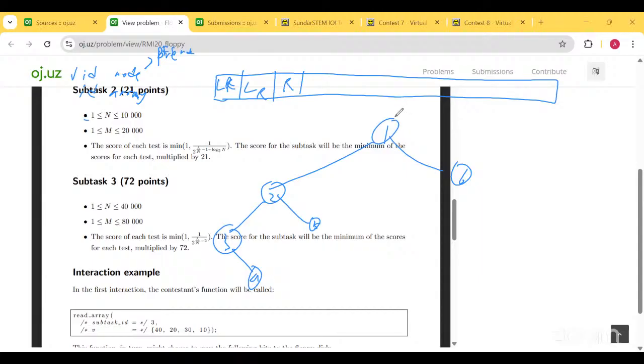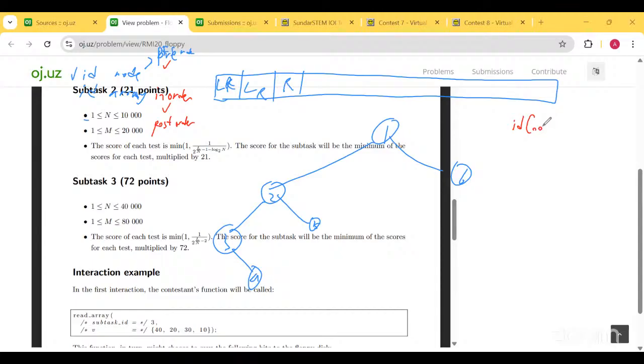Just do DFS, but now it is not pre-order but in-order. Do you know what in-order is? What is the difference between pre-order, in-order, and post-order? Pre-order is doing like this.